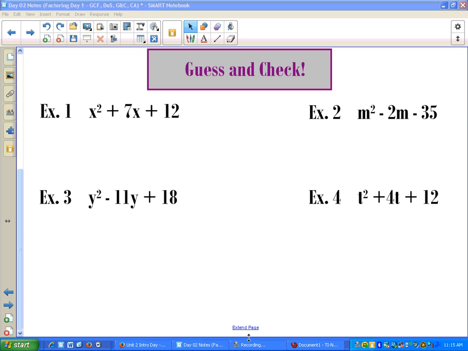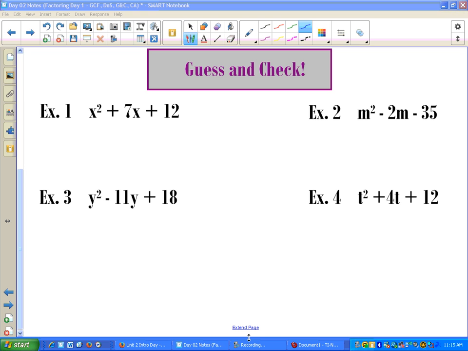We're not going to guess and check. We're going to use what in another class I call basic factoring. Some people call this the diamond method, the cross method, whatever method you want.